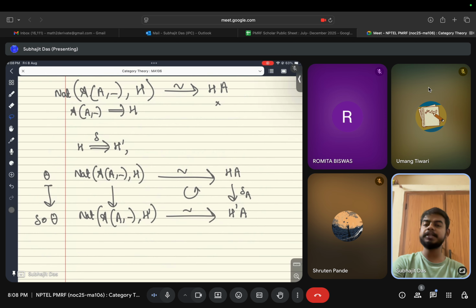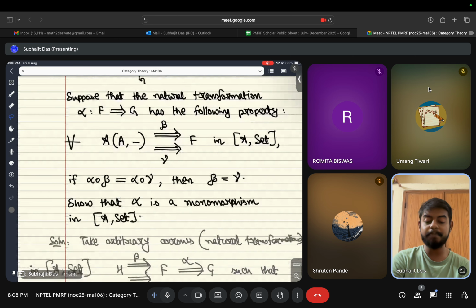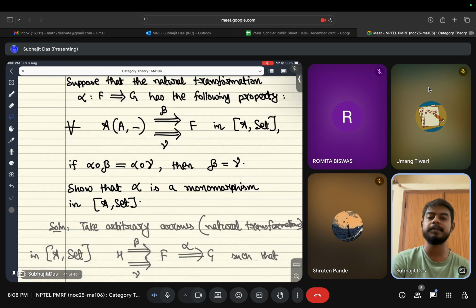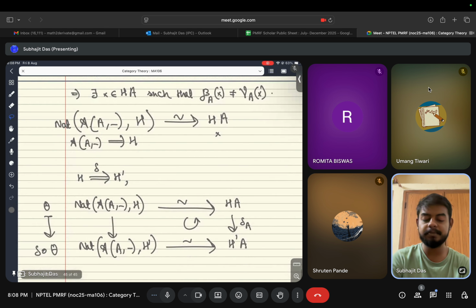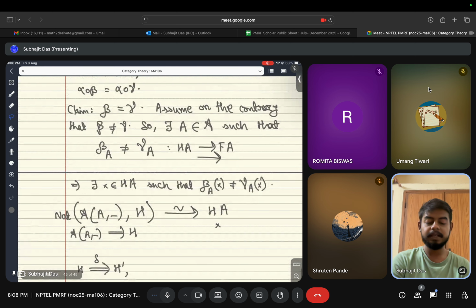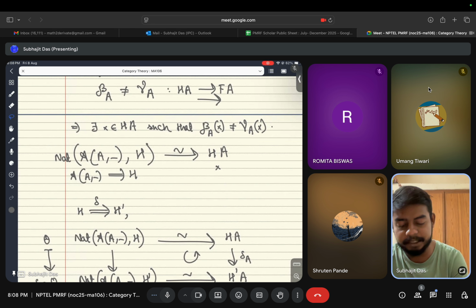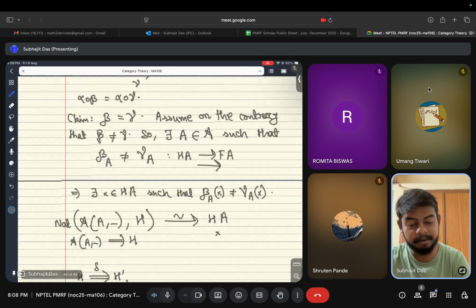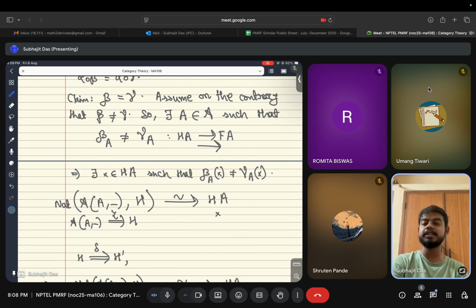So we have a natural transformation from script A to H that we have. To use our property, what we need is two natural transformations from this to F, right? Now tell me, if little x corresponds to this natural transformation, let's call it delta. Oh, sorry, we have already used delta. We can't use it. Alpha, beta, gamma, delta, theta. What other letters are there? Zeta. We have a natural transformation zeta.